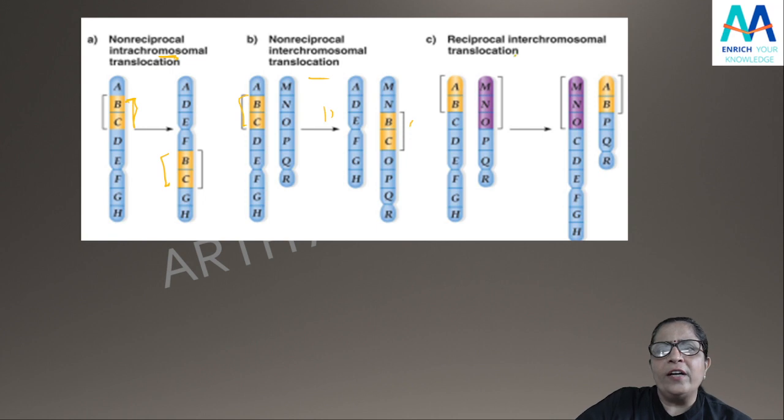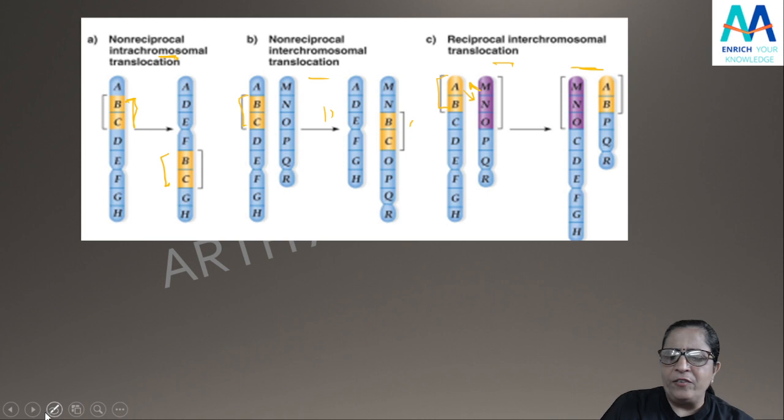And this is your reciprocal interchromosomal translocation. This is reciprocal. AB is shifted here and MNO is given here. Isn't it? देखो ये हो गया आपका reciprocal. It is very simple. I hope this is clear, students. Chalo. So now the next we will move there. This intrachromosomal, you can also call it as a shift translocation actually.